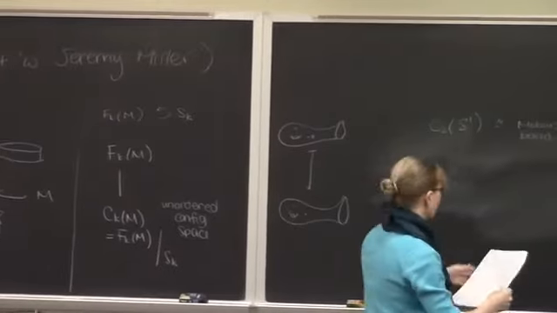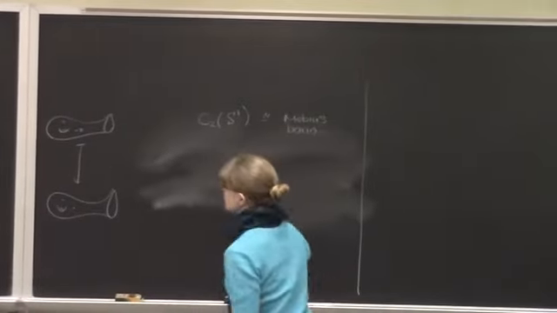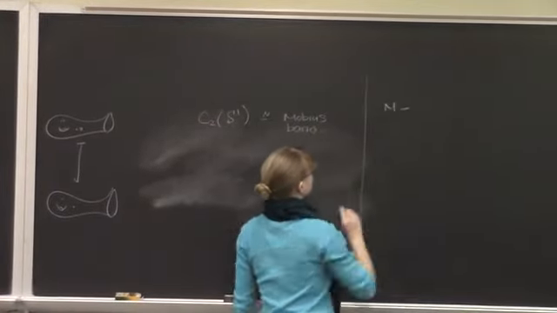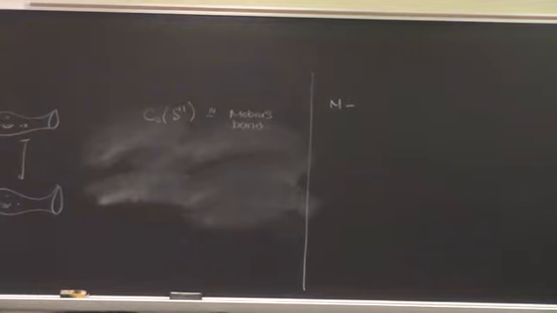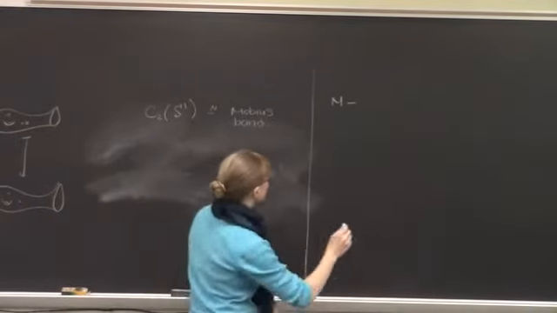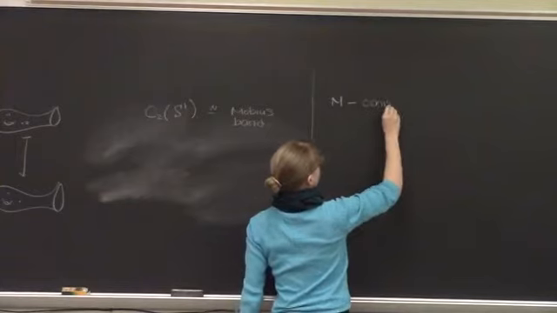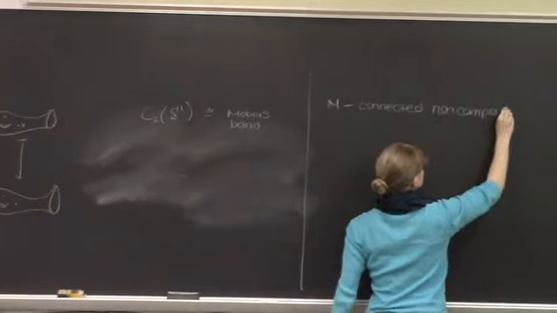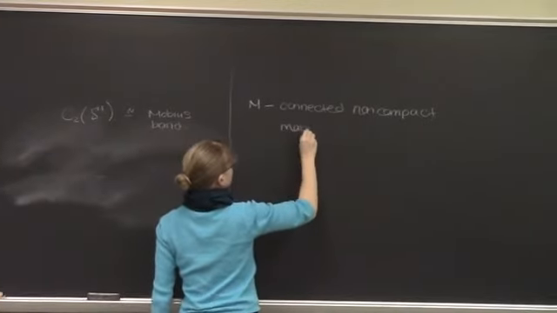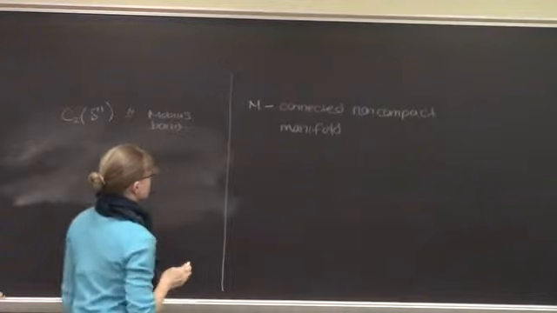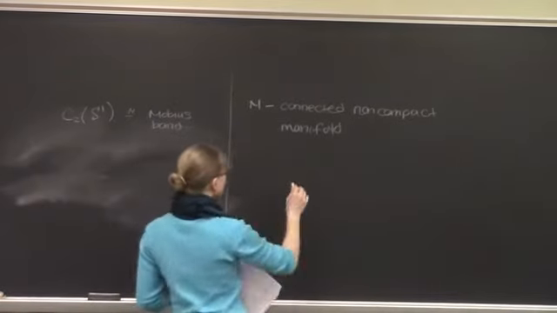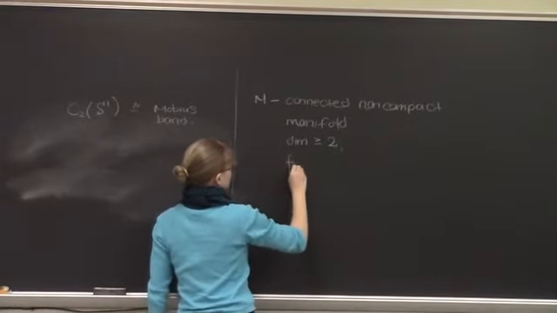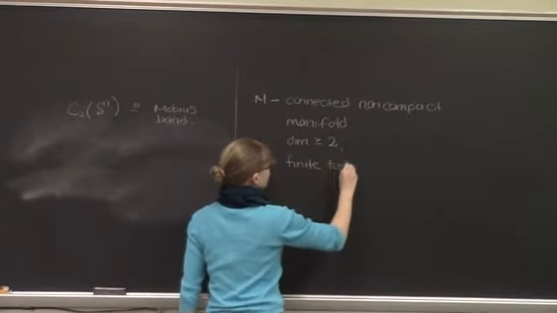Okay. Great. So the object of our project was the following. We were interested specifically in the case where M is a manifold, and even more specifically, M is a connected non-compact manifold, maybe a smooth manifold of dimension at least equal to 2 and of finite type.